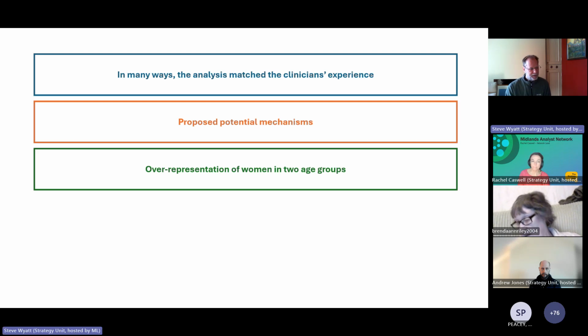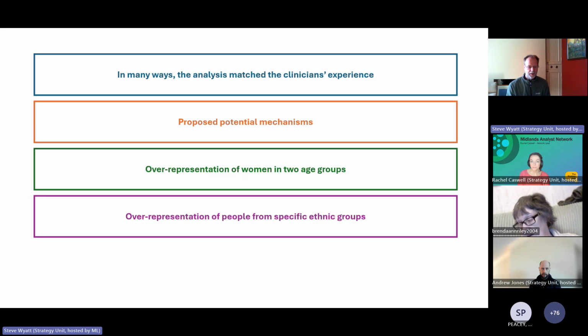When we talked about the overrepresentation of certain ethnic groups, particularly Bangladeshi and Pakistani groups, they were less clear about what the reasons for those might be. But they speculated that maybe there were some issues about language, about suboptimal communication between the patient and the clinician that led to a no specific diagnosis outcome.